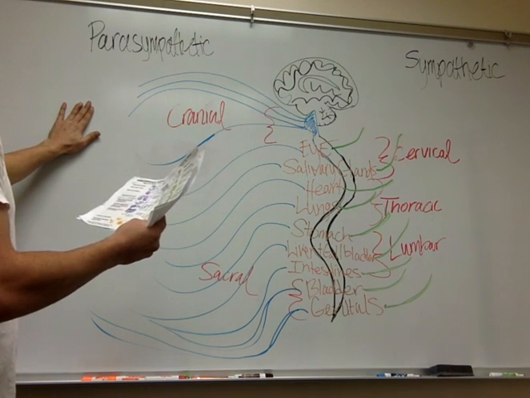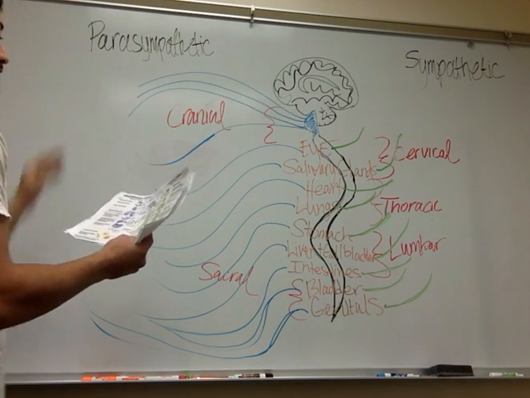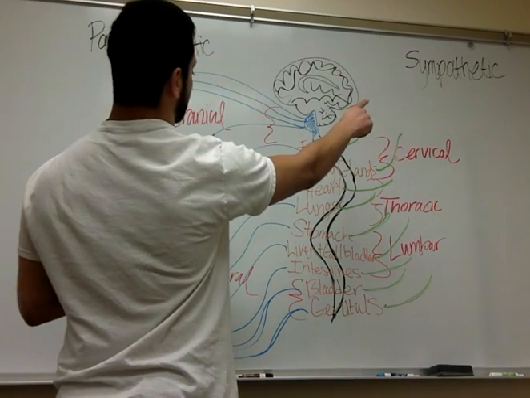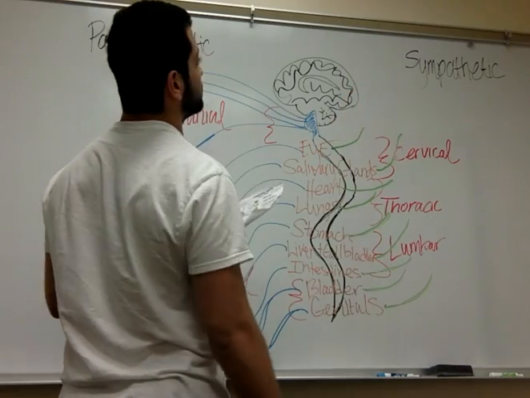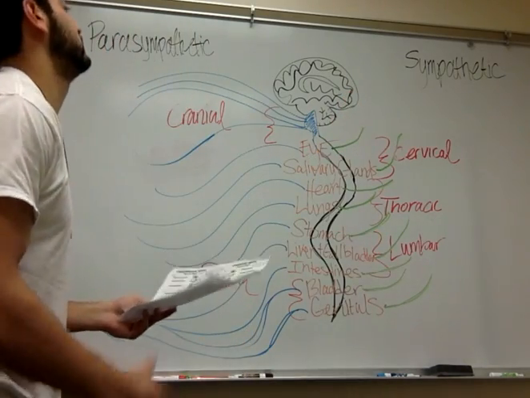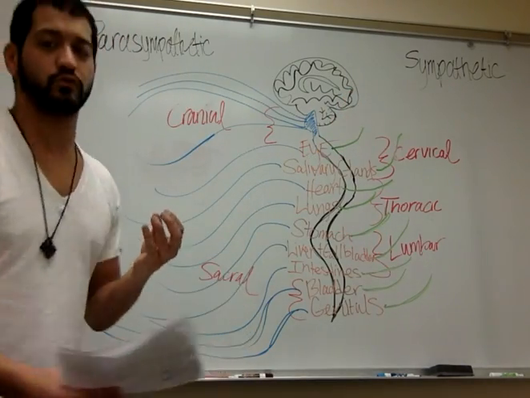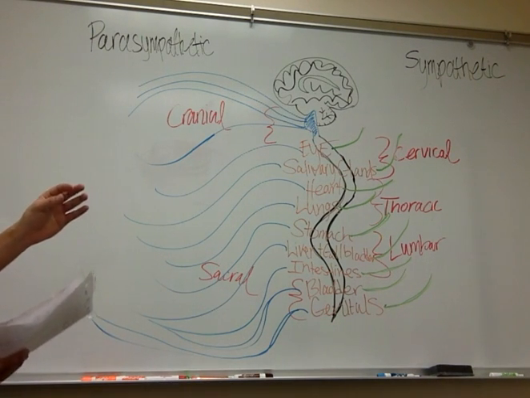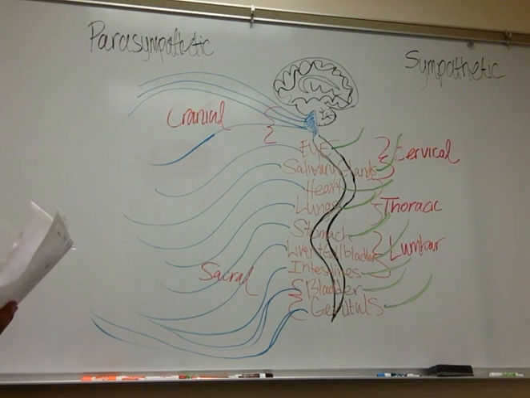We're going to have the pupils constrict, whereas the pupils dilate in the sympathetic, and this is because of keen vision. This allows the body to have a good sense of vision so that, in regular terms, we can protect ourselves.